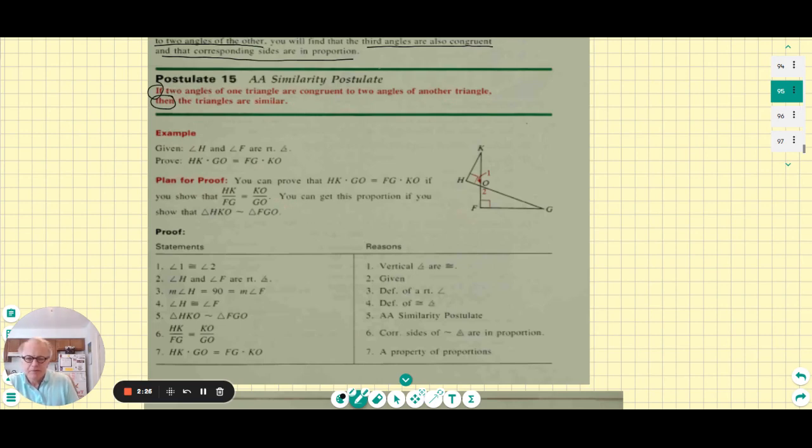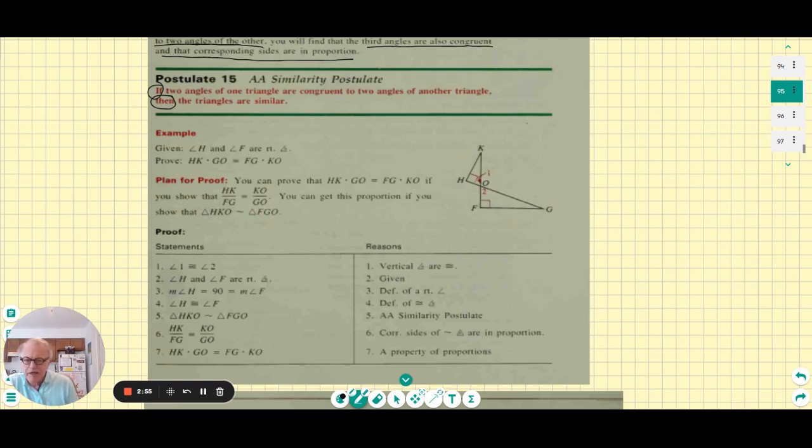And they give you an example here. Angle H and angle F are right angles, and you want to prove that HK times GO is equal to FG times KO. The thing we're trying to show is that HK over FG is equal to KO over GO.